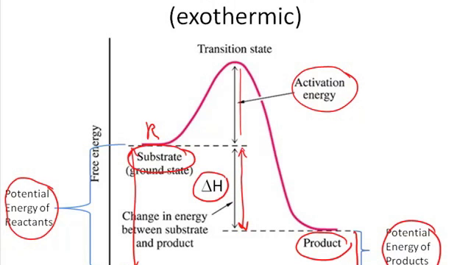This x axis represents time, and it takes time to go from reactants to products, especially since we have to get over this hump. And this point here is called your transition state, where you're now overcoming being a reactant to now forming products.